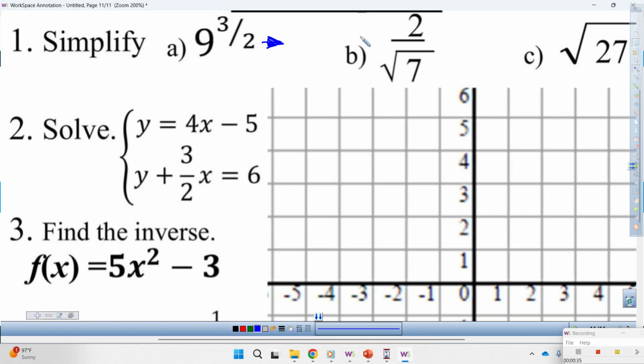Oh, Renzo, what'd you get for 1A? 27. Have you got 27? That is correct. And here goes the process just to make sure we got it.